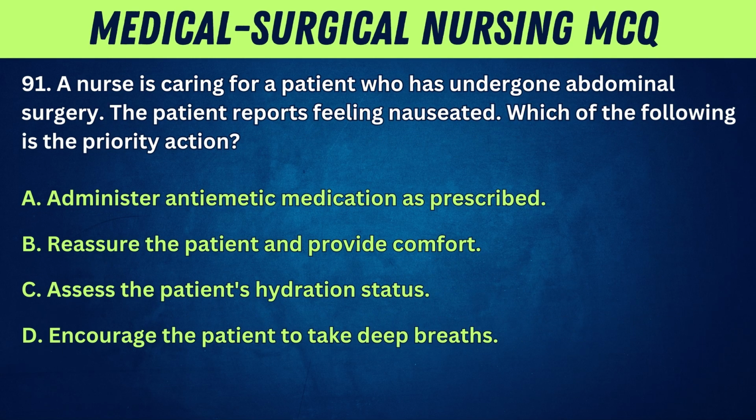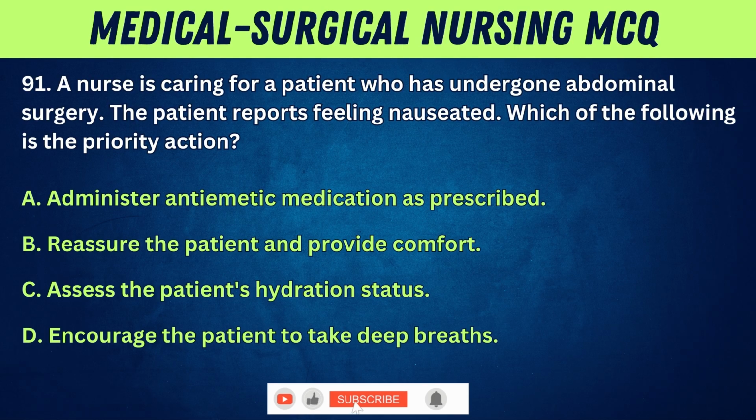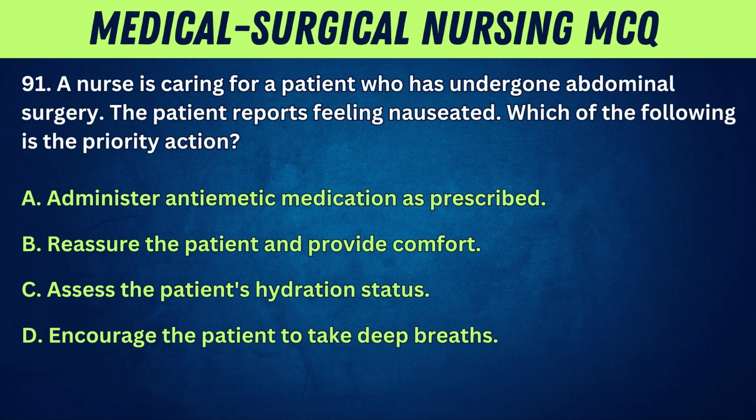91. A nurse is caring for a patient who has undergone abdominal surgery. The patient reports feeling nauseated. Which of the following is the priority action? A. Administer antiemetic medication as prescribed. B. Reassure the patient and provide comfort. C. Assess the patient's hydration status. D. Encourage the patient to take deep breaths.